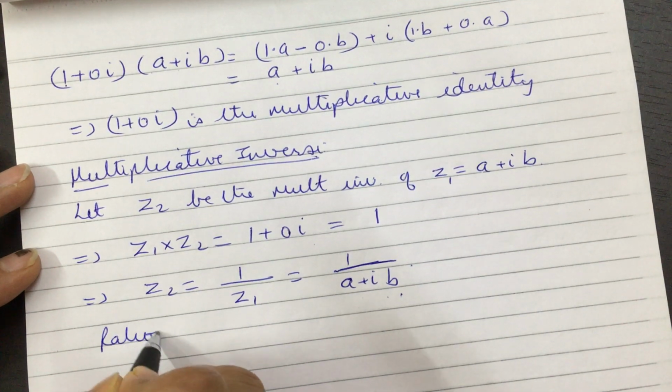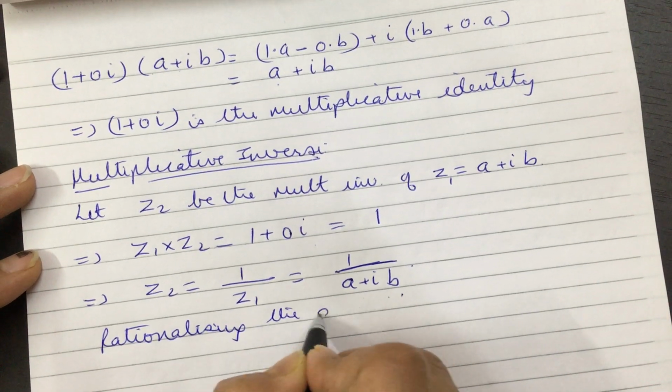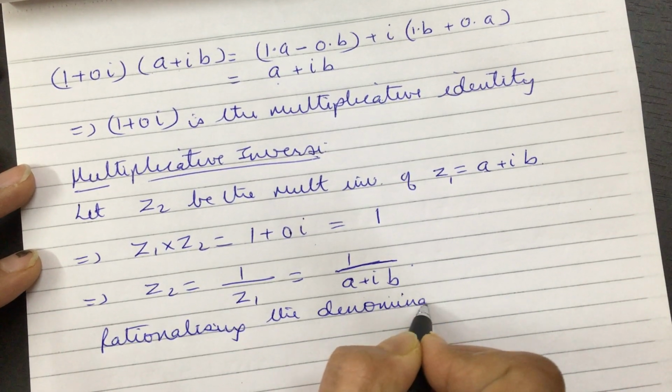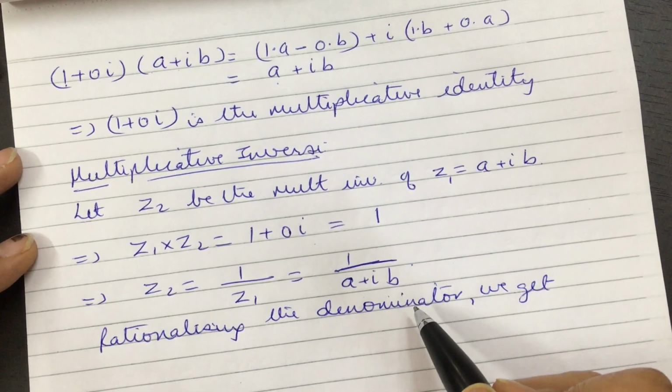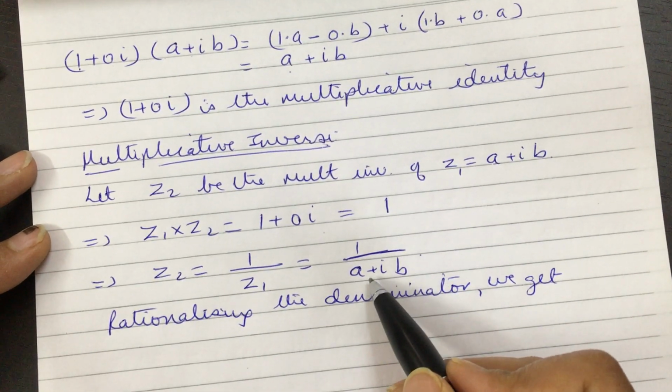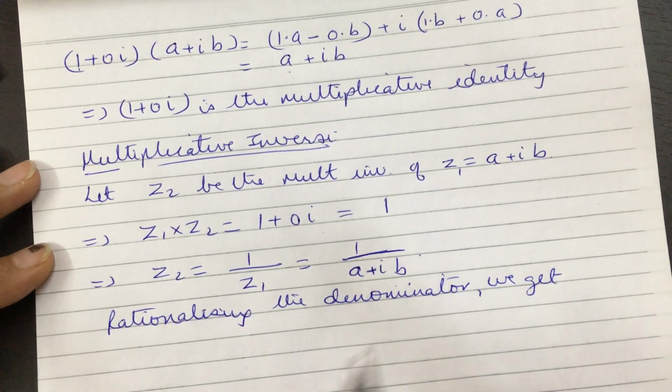So, rationalizing the denominator, we get. And how do we rationalize it? We multiply and divide by a minus ib. Okay.